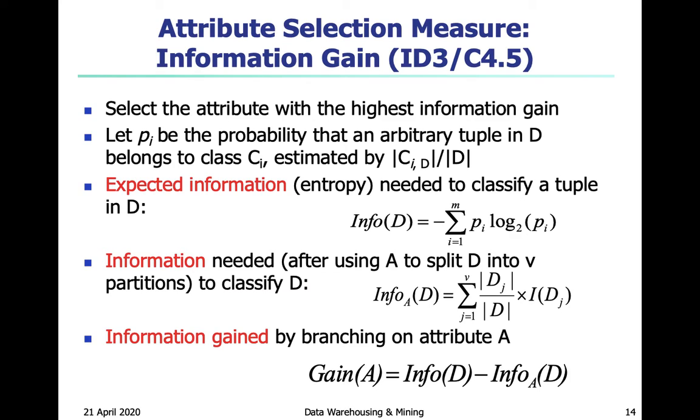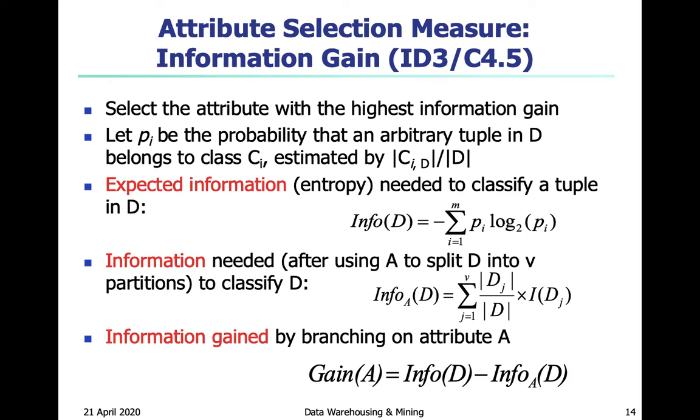Before that, we need to find the expected information, which is also known as entropy. So before coming to the information gain, you need to first find the entropy.